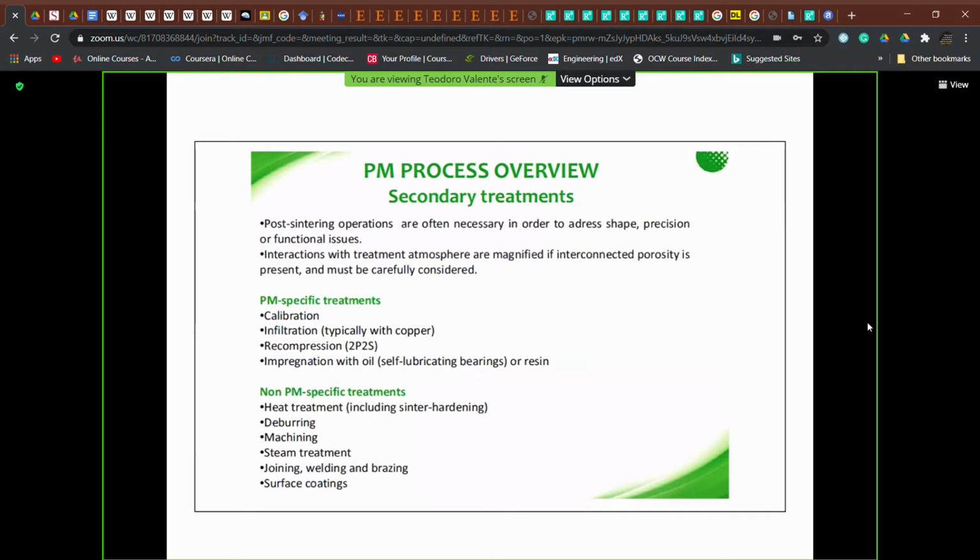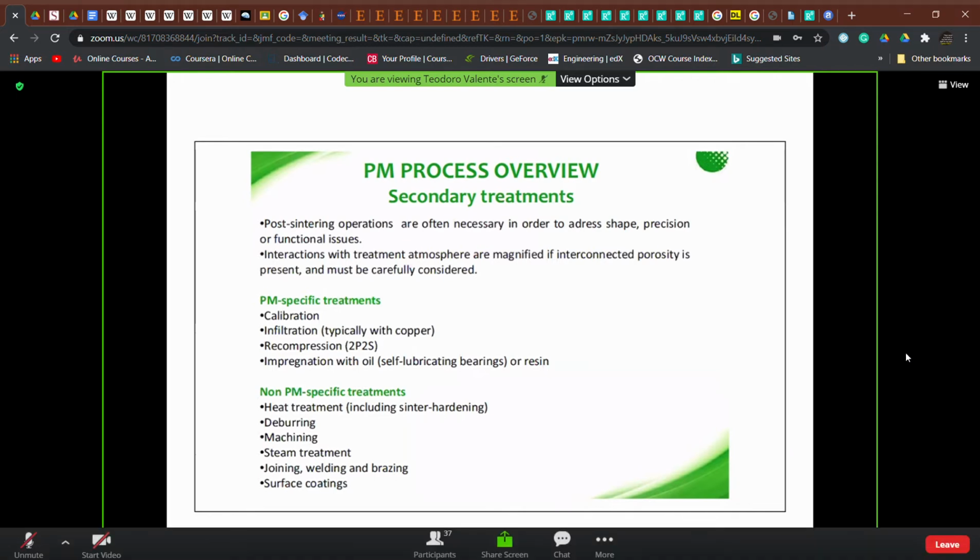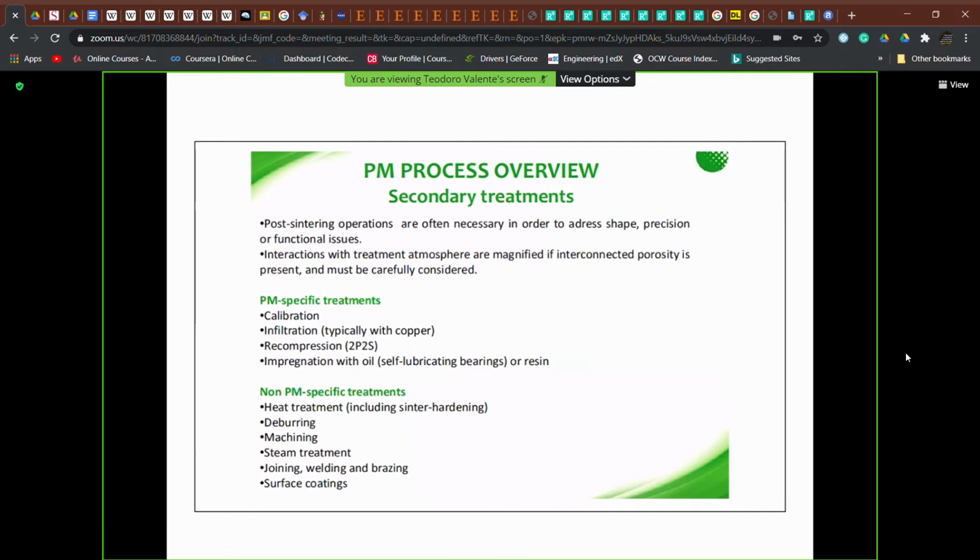We can also have secondary treatments, which usually do not involve mass subtraction. I mean, being the final component net shape, we can have finishing of the surface by polishing, for example, where it is necessary, to lower the roughness of the fabricated component, but no more than this.